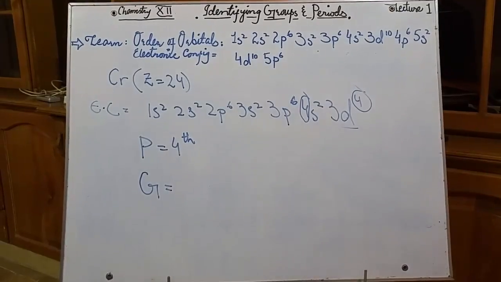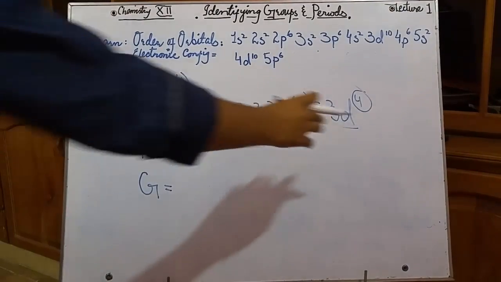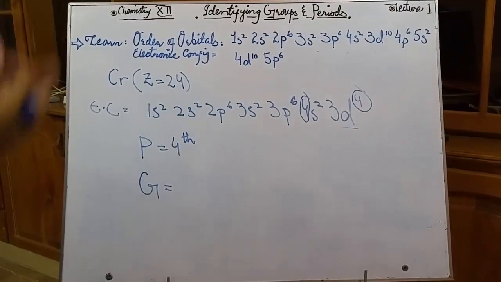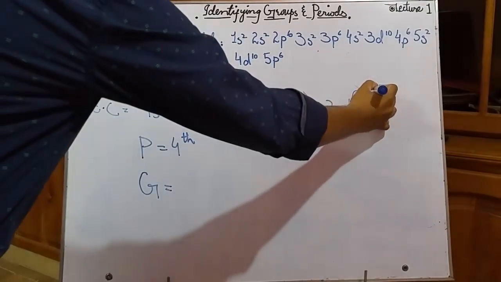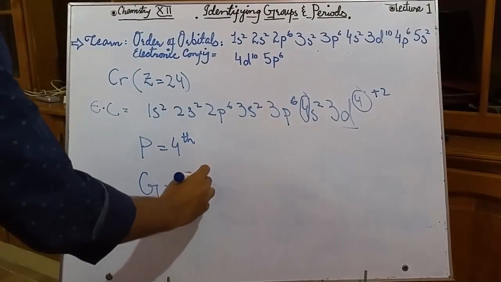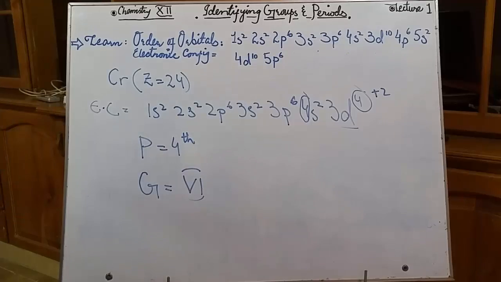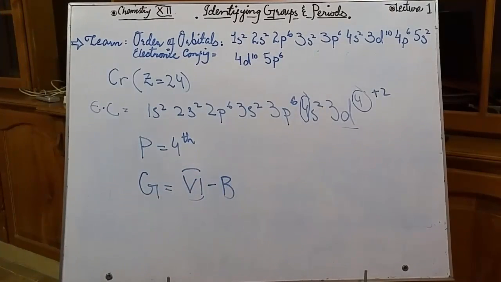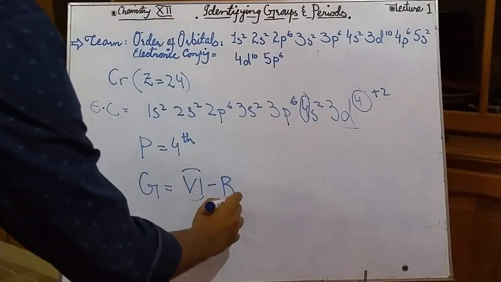Our electronic configuration ends at d4, but to determine the group we need to add 2, and 4 plus 2 gives you 6. This shows that chromium belongs to group 6. But remember, 6A or 6B? We will write 6B, because all elements whose electronic configuration ends at the d orbital belong to transition elements, and B represents transition elements.